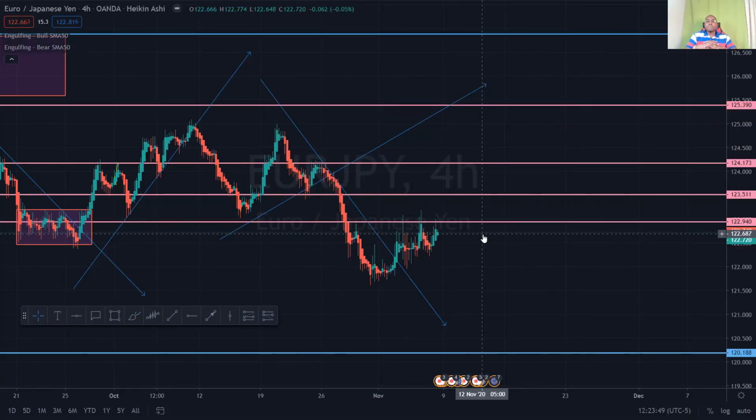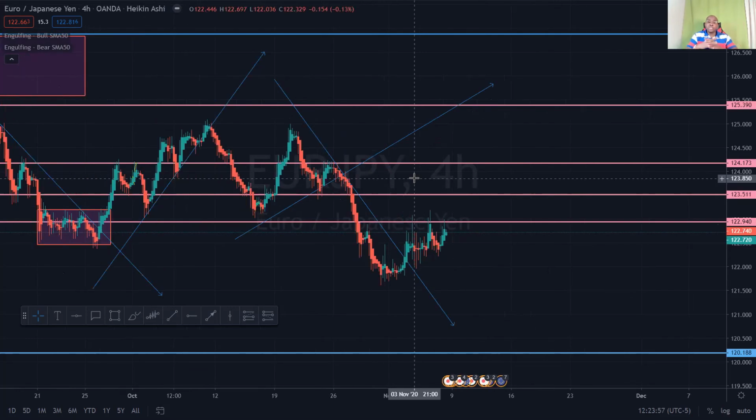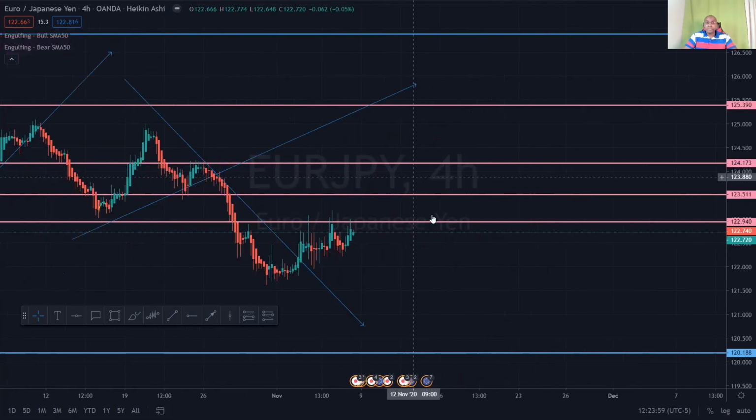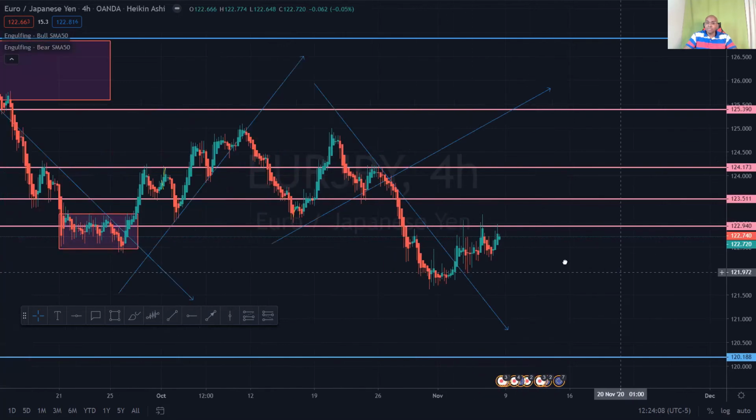Moving on, EURJPY. Simple. Same procedures as the charts before. I'm a very simple trader. Watch this. Uptrend, break the trend line. Downtrend, break the trend line.